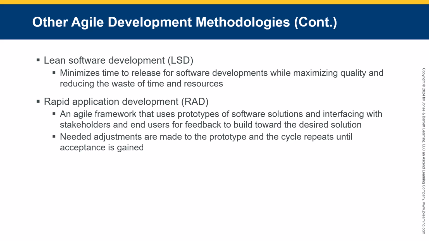This is an agile framework that will use prototyping of software solutions and interfacing with the stakeholders and end users for feedback to build towards the appropriate outcome. Adjustments will be needed throughout, and you make them through the prototype, and then the cycle repeats until an acceptable version is gained.